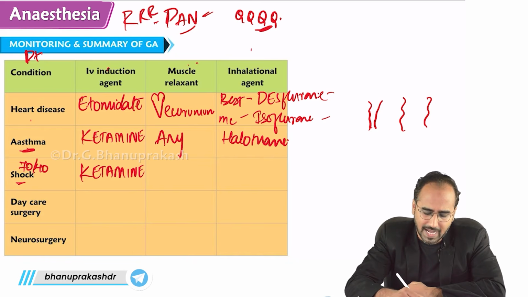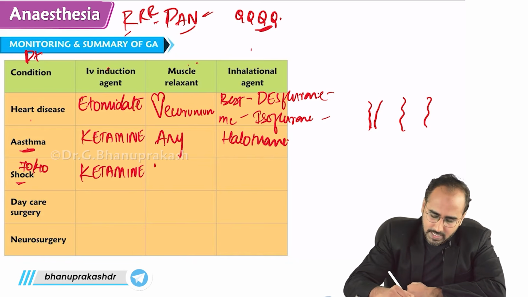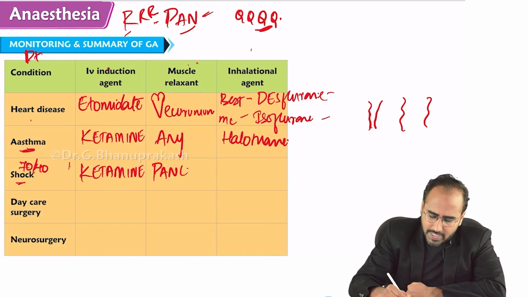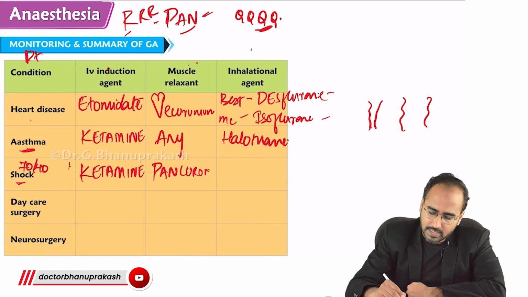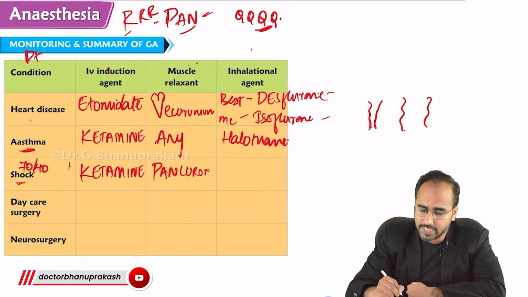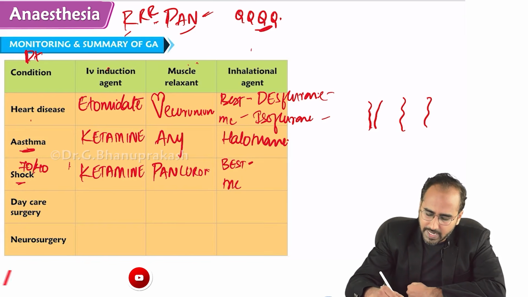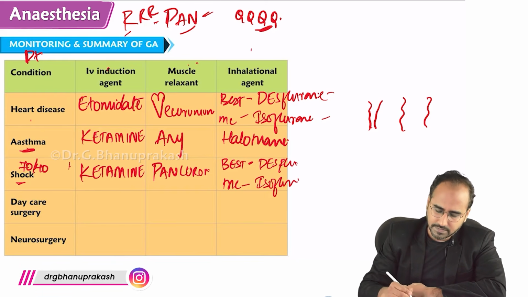Because pancuronium RRR: the first R was that it increases the rate, BP and pulse rate. So pancuronium is the muscle relaxant of choice in shock. Both ketamine and pancuronium increase the BP and pulse rate. Next is the inhalational agent of choice in shock. Again, same as heart disease, the best and the most common. The best is desflurane, whereas the most common is again isoflurane.